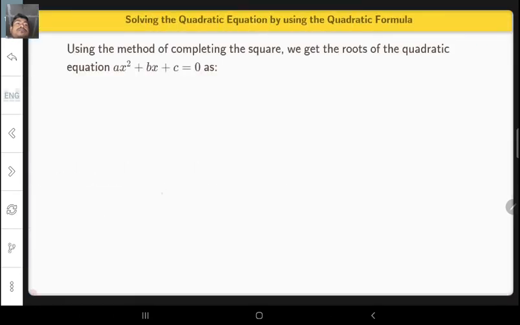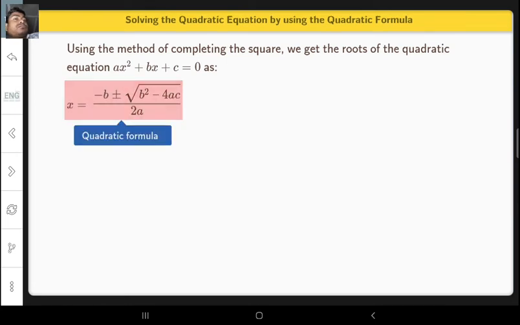We know that using the method of completing the square, we get the roots of the quadratic equation ax square plus bx plus c is equal to 0 as x is equal to negative b plus minus square root b square minus 4ac by 2a. This is called the quadratic formula.